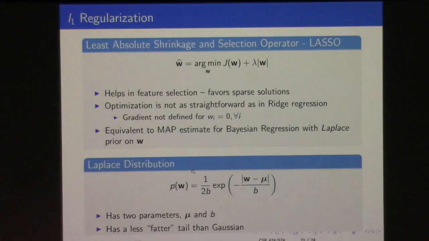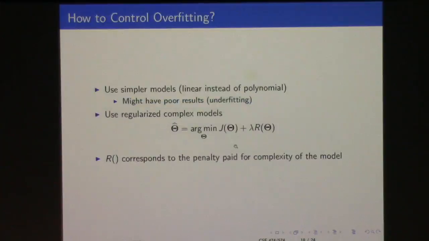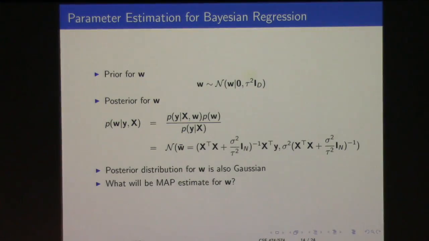derived, right? Now, what you will remember is that in the last class, we also did this MAP estimate where we put a Gaussian prior on W. And there also we got a very similar result, right? Remember when we put a Gaussian prior on W with a covariance matrix in which everything was tau square, so it's an identity matrix multiplied by a scalar.